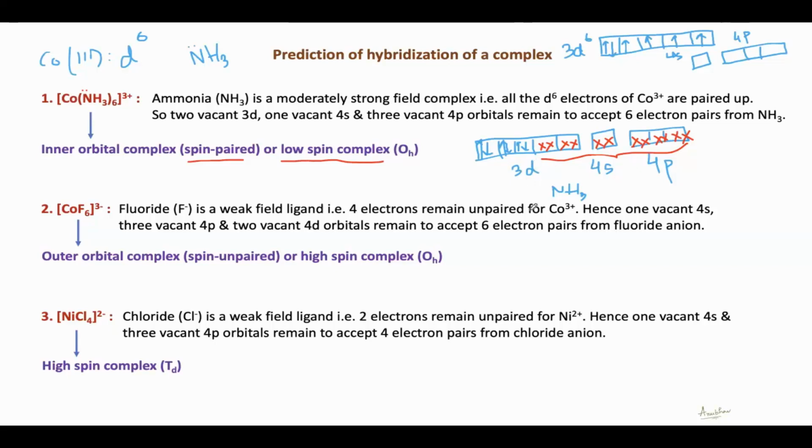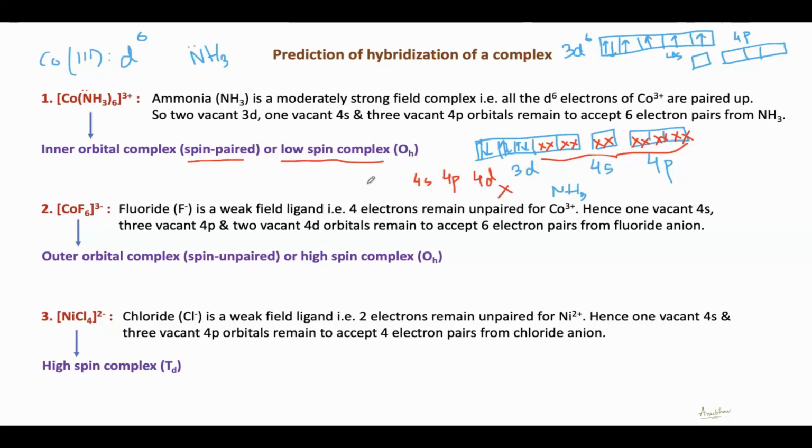And because the inner 3d orbital is used here in the bonding, you can see the 3d orbitals were there, but this is the inner 3d orbital. So why is it inner? Because you can see we are having this 4s orbital over here and this 4p. This complex does not actually use the outer 4d orbital.